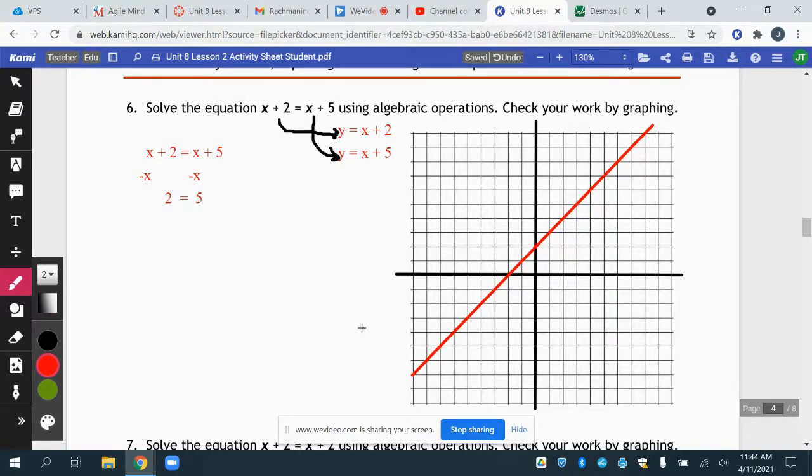There you are. So that's this one. And then the other one looks like this. It has a y-intercept of 5. 1, 2, 3, 5. It crosses here. It has a slope of 1, so it always goes over 1 and up 1, over 1 and up 1.